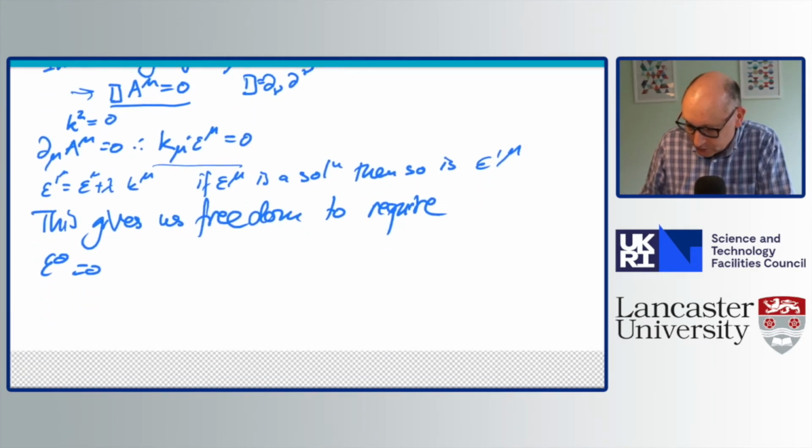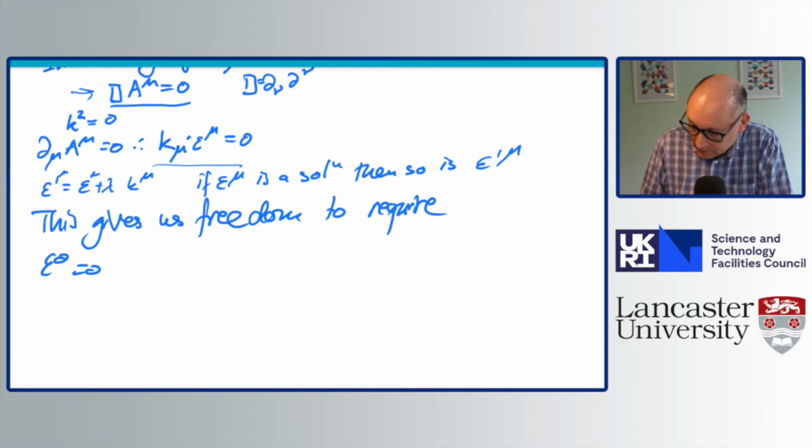Because if it wasn't equal to 0, we would just set lambda such that k^0 times lambda was equal to minus epsilon 0, and therefore epsilon prime would have a 0th component of zero. So then the requirement that k^mu epsilon_mu is equal to 0 becomes a 3-dimensional requirement that k dot epsilon, just the x, y, z components, is equal to 0.